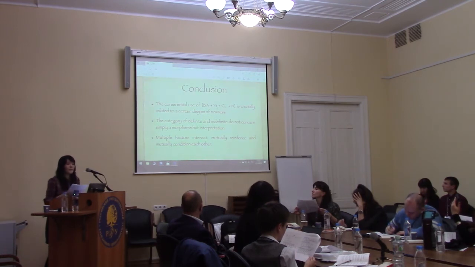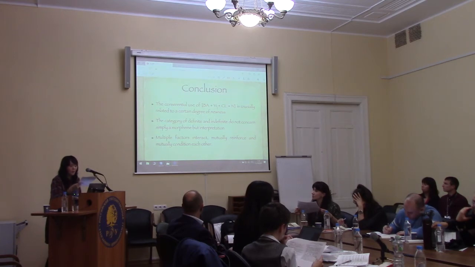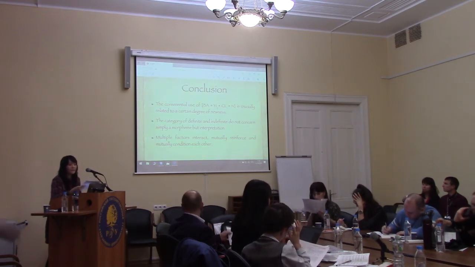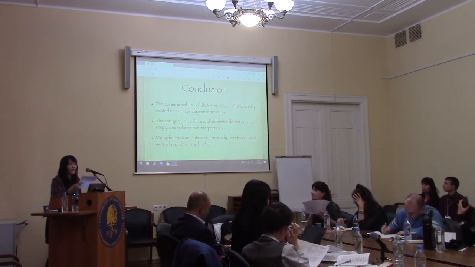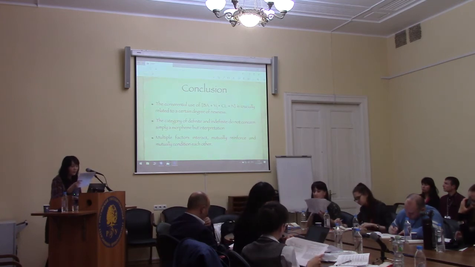And it should be noted that for English or for French, even for Chinese, the categories of definite and indefinite do not concern simply a morpheme, but the interpretation. For Chinese, the structure of the noun phrase is not the only factor related to the distinction between definite reference and indefinite reference.